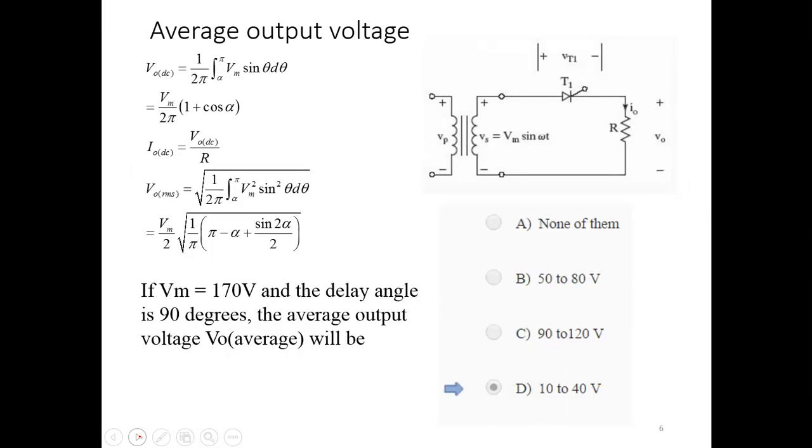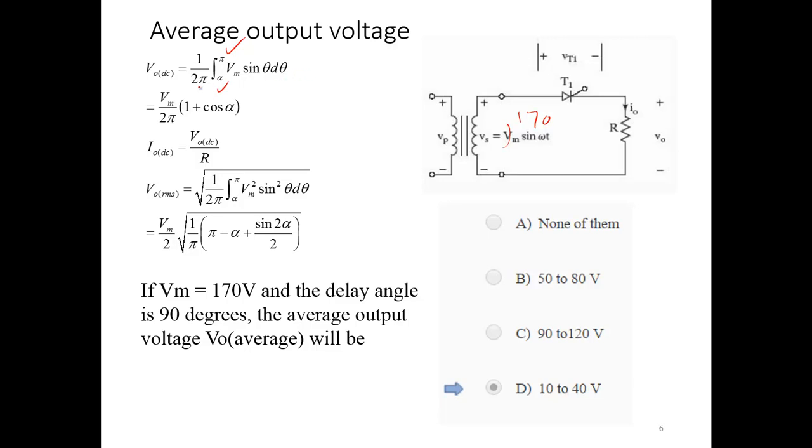The average output voltage you can calculate. If VM is 170, they ask you to find the average voltage. The average voltage equals 1 by 2 pi times the integral from alpha to pi of VM sine theta d theta.